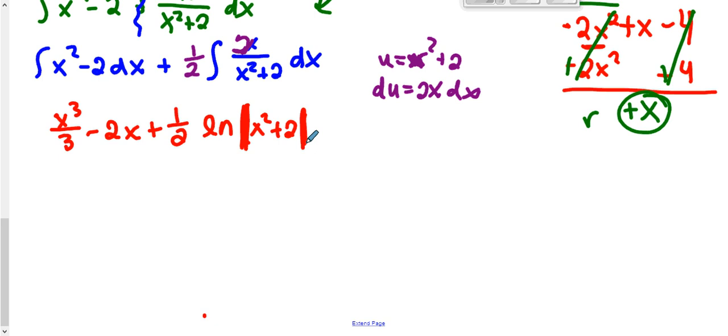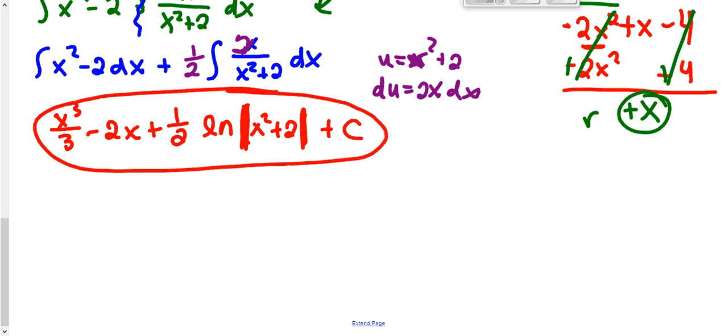And then plus c. In this case, we don't necessarily need an absolute value because x squared will always be positive. Adding will still be positive. So you could have put parentheses there just because they aren't necessarily needed, but having them there isn't wrong. So that's our answer for that one.